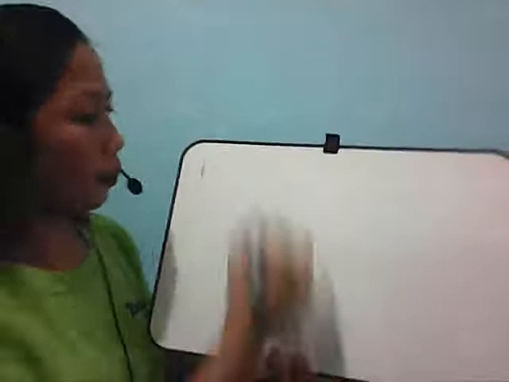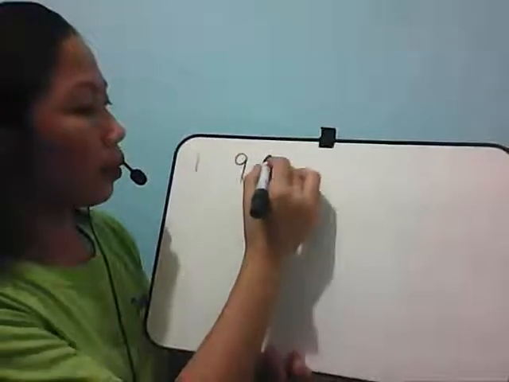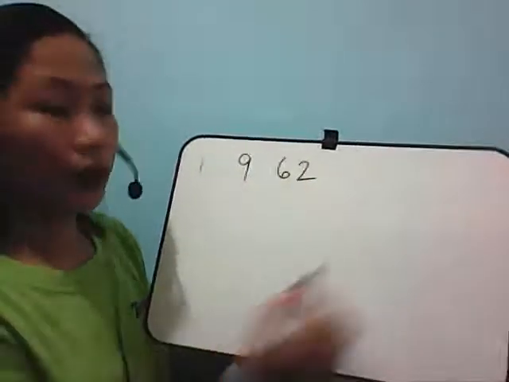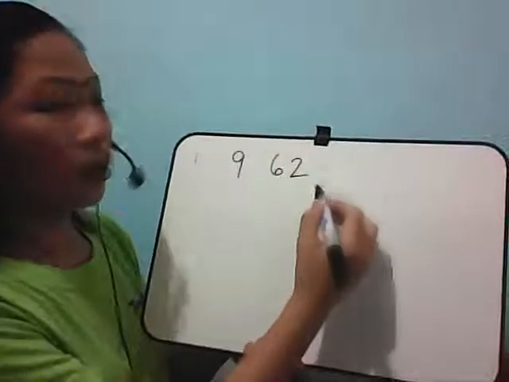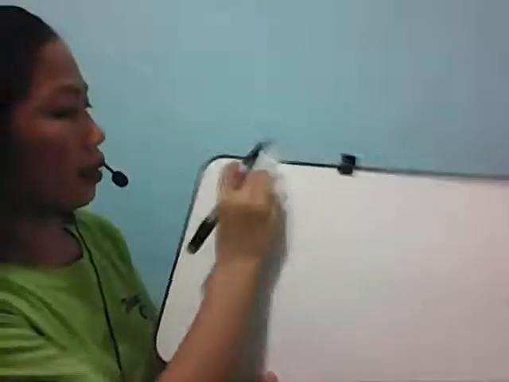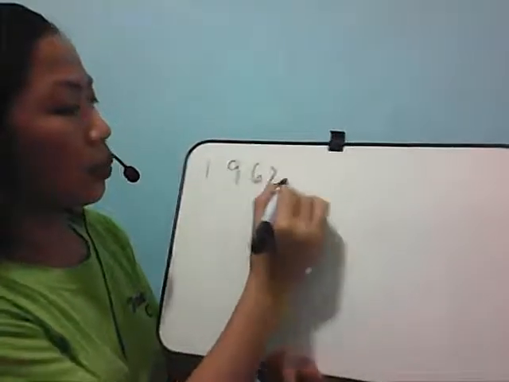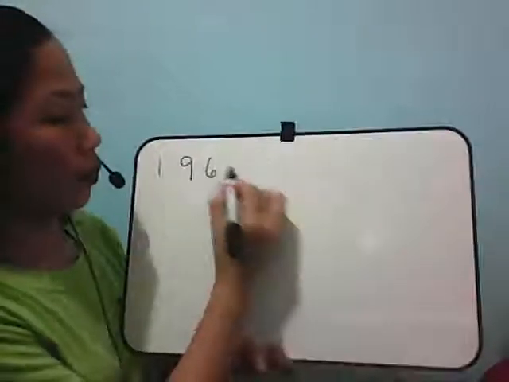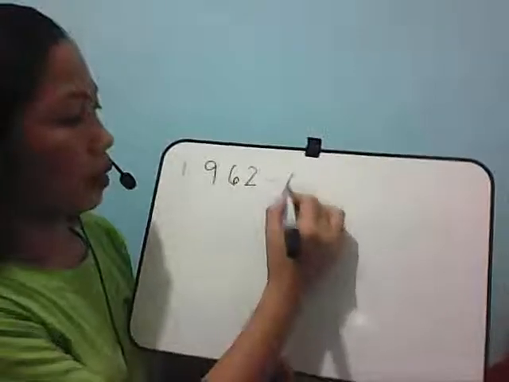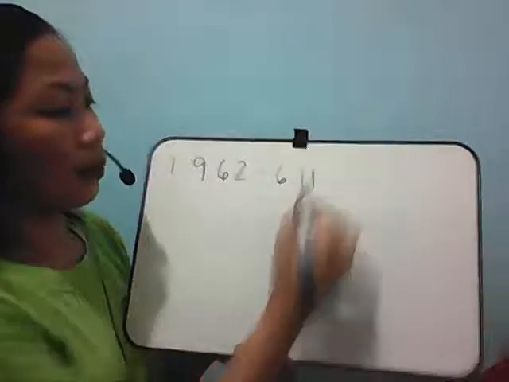Subtracting na po tayo. 9 and 62 hundredths minus, let us rewrite it, 9.62 minus 6.11.